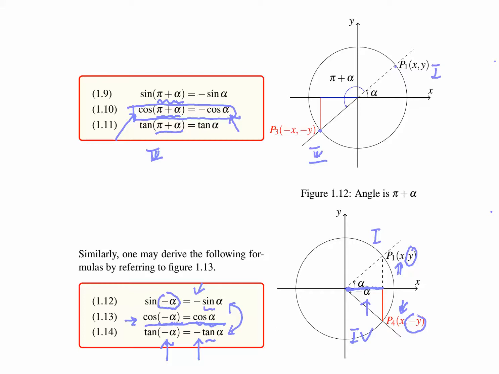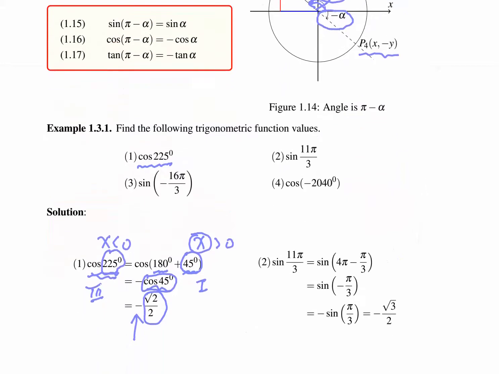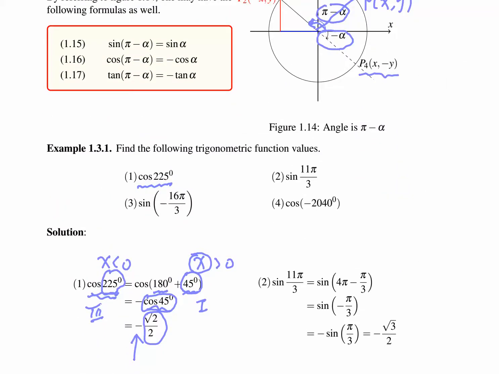Now let's look at the second example. The second example right here is sine 11 pi over 3. Remember, 11 pi over 3 can be written in this way, because 4 pi equals 3 times 4 pi over 3.